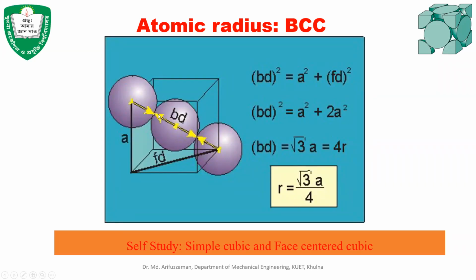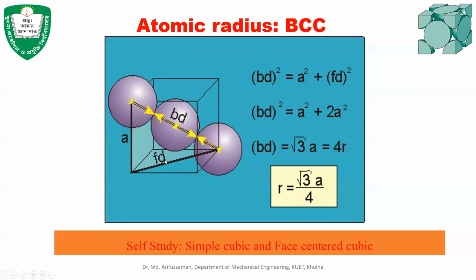The length of the diagonal can be termed BD, and the edge height is A, and the base diagonal is FD. Since the cubic unit cell has 90-degree angles between the edges, we can say BD square equals FD square plus A square.